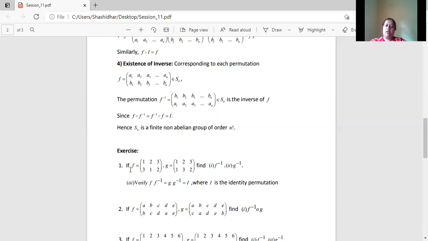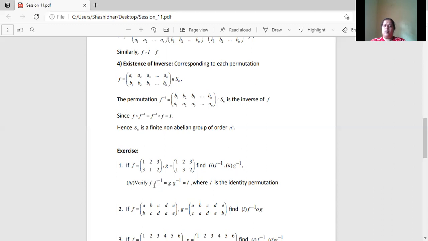In the same way here, in this example, they have given two permutations, F and G. You have to find the inverse of F, that is, just interchange the rows of this F. Similarly, you find the inverse of G by interchanging the rows of this G. And the third question here, you have to verify F composition F inverse is equal to G composition G inverse.